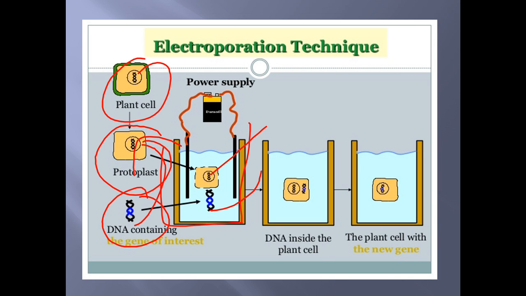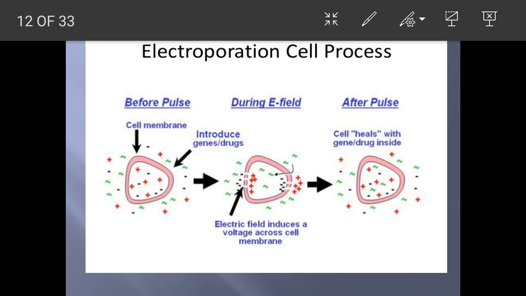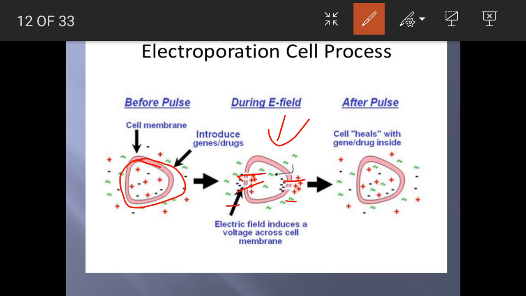As you can find in the previous slide, the cell membrane is intact, but when you apply the electric field, what happens? You can find the formation of pores over here. Why are the pores formed here? You know very well, the cell membrane is mainly made up of lipids, and that too we call the bilipid layer.